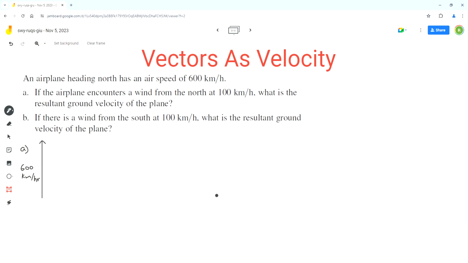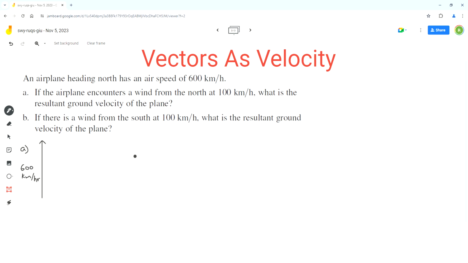Now as per part A, the airplane encounters a wind from the north at 100 kilometers per hour. That means the wind is blowing from north to south. Now since the speed of the wind is 100 kilometers per hour, the length of this vector should be 1/6 the length of the airplane's velocity vector.